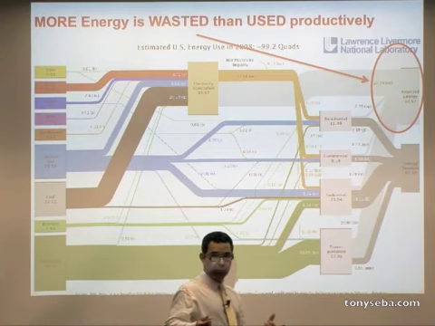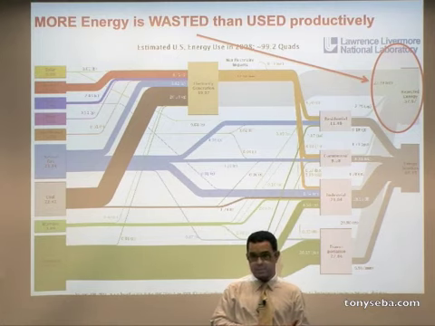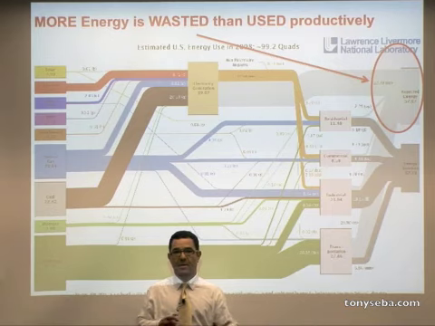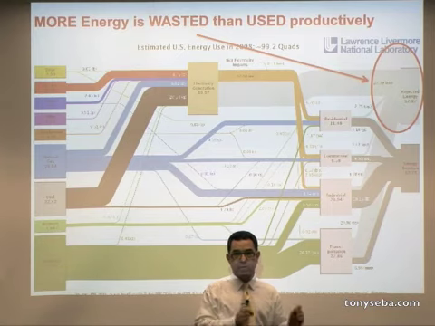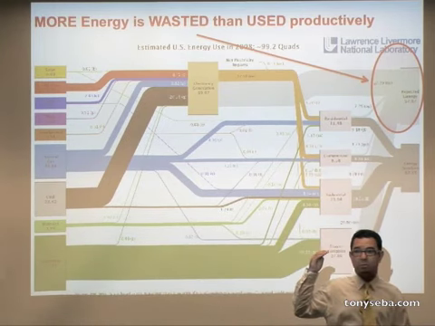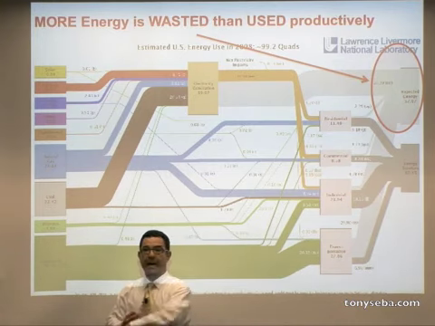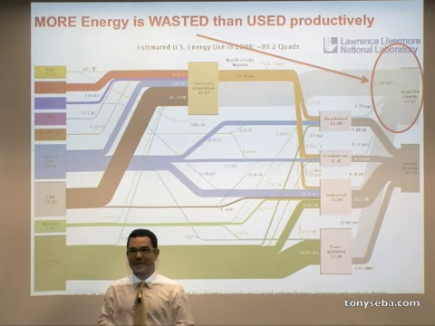In your car, unless you have an electric car, something like 80% of the energy in gasoline is actually wasted down the tailpipe, in heat, or in braking. 80, maybe 85%, depending on whether it's a gasoline or a diesel engine. More energy is wasted than used productively. So there's a lot of room for us to do energy efficiency and actually take some of that heat and convert it back into usable power, which can be used for usable heat or air conditioning, right?